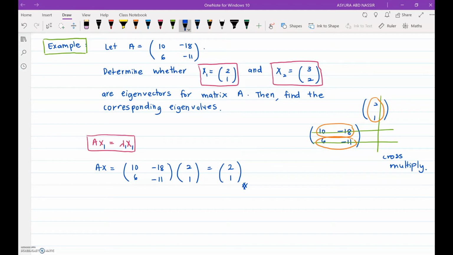In this case it equals 1 times (2, 1), so this is your first lambda, corresponding to your first eigenvector.